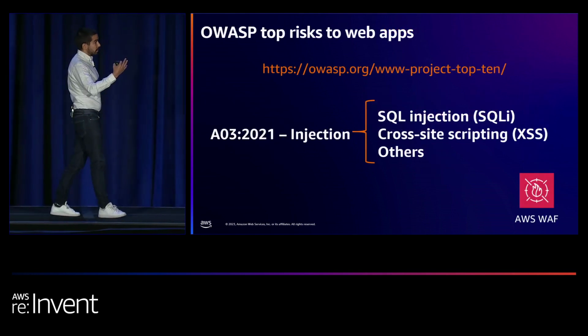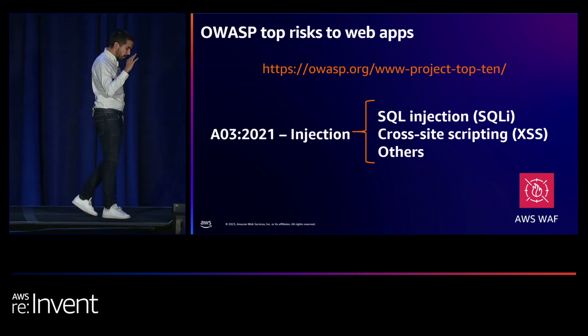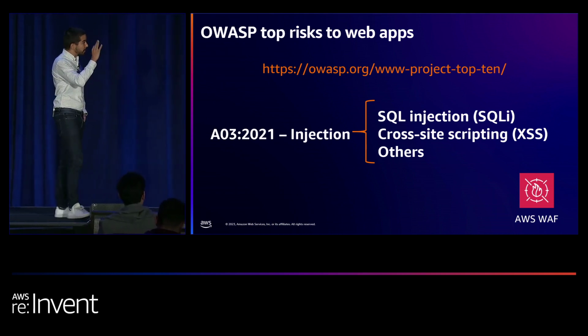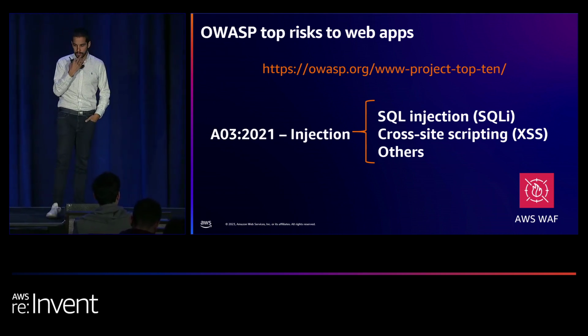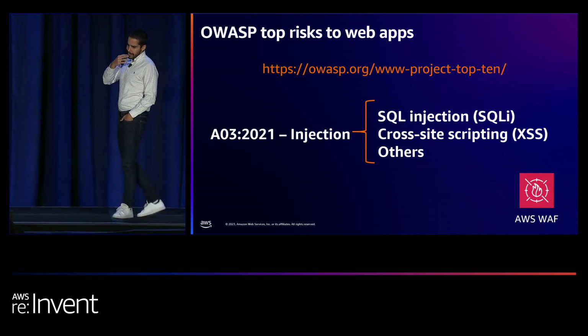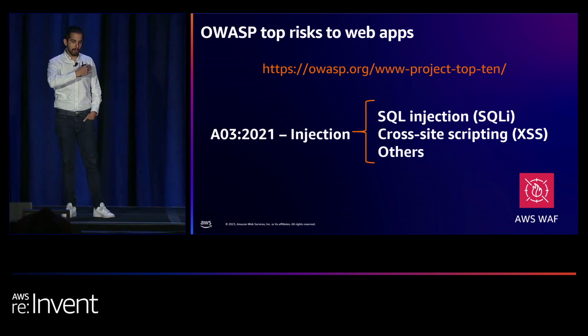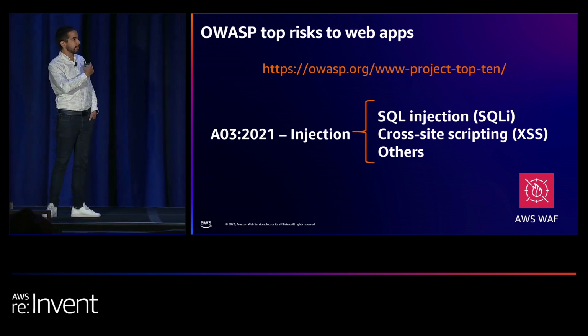The other two, cross-site scripting and SQL injection, are two of the most common OWASP risks to web applications. Cross-site scripting, to put it in simple words, is sort of like tricking a website into displaying harmful content from a third party.